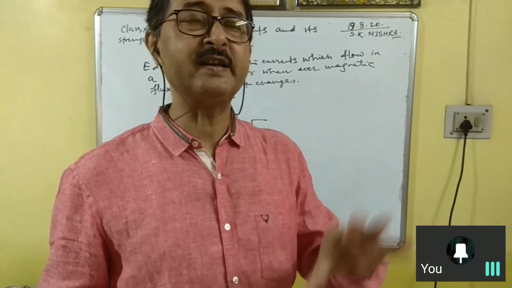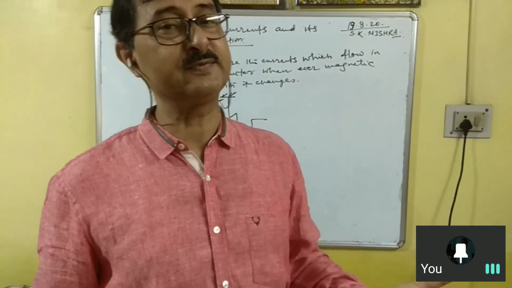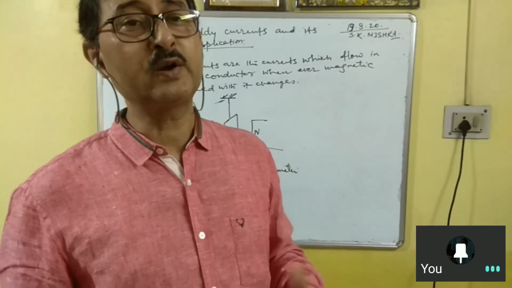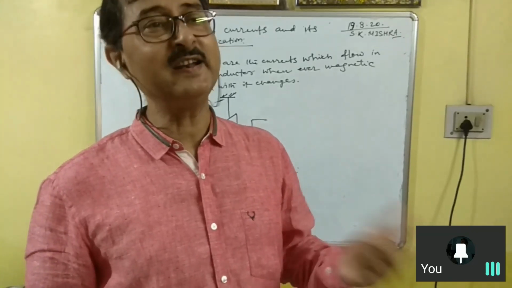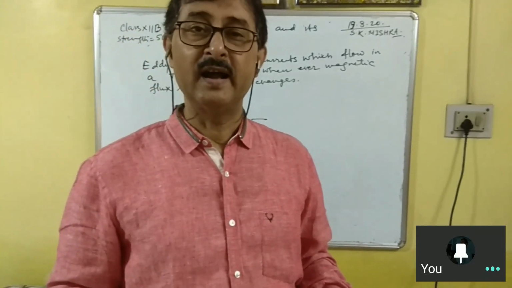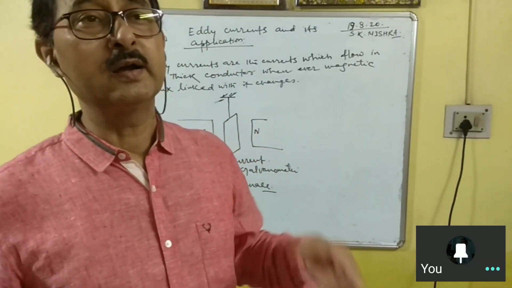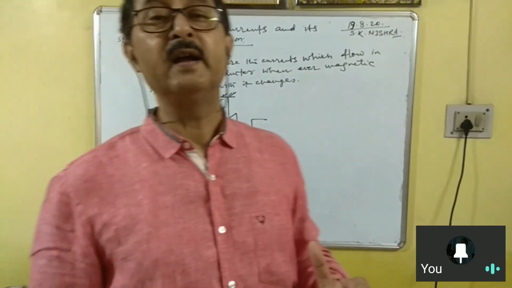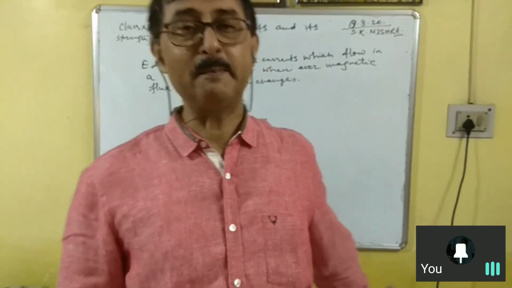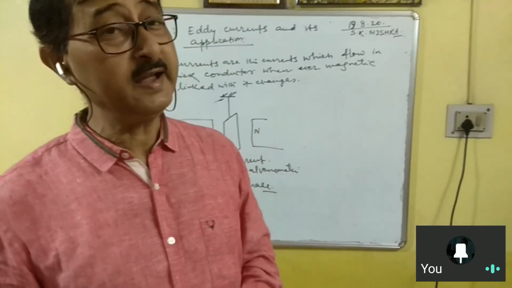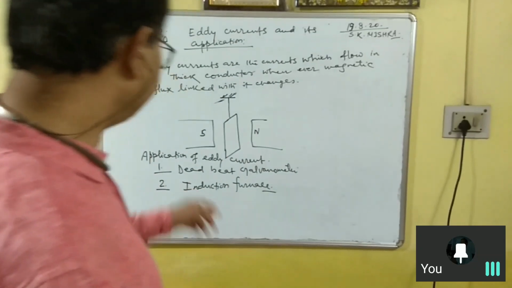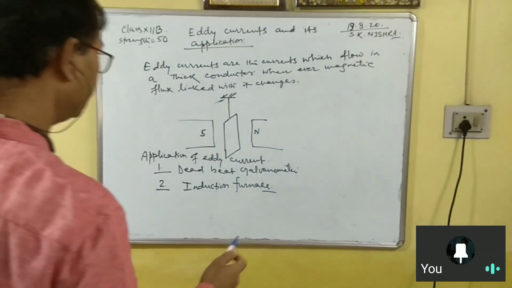Increase or decrease in magnetic flux with the metallic log will cause eddy current, and that eddy current produces a heating effect, and because of that heating effect the temperature of the metallic log goes beyond its melting point, and melting of that metal will take place. So this is another role of eddy current, used in the induction furnace.